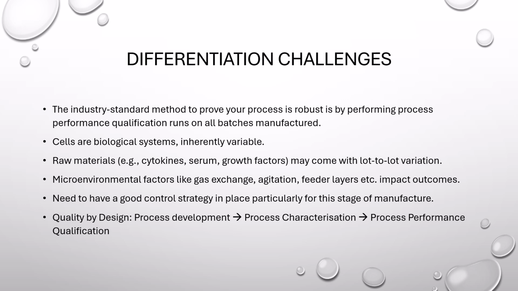And you just need to have very good manufacturing processes and control strategies. Another concept that you need to consider is quality by design, where you build in the quality based upon your understanding of your target product and your understanding of your manufacturing process, particularly during this differentiation stage.